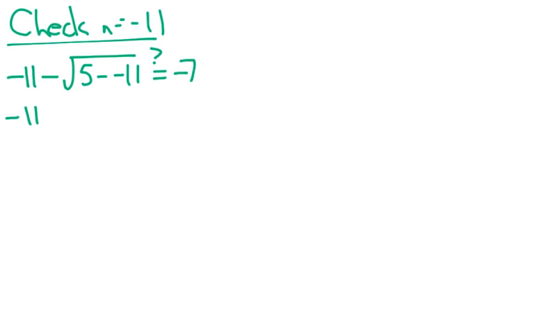So working our way out, negative 11 minus the square root of 5 minus negative 11, which is really 5 plus 11, which would be 16, just to skip that step, and the square root of 16 is 4.